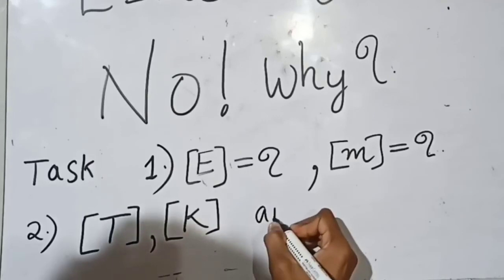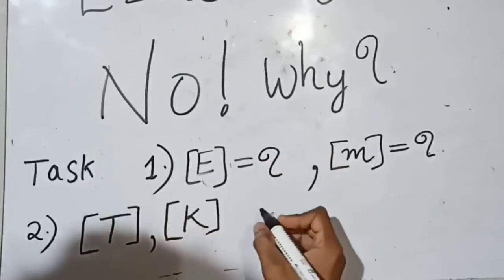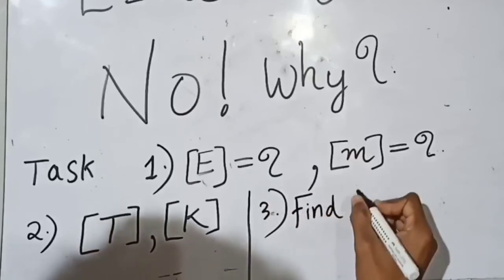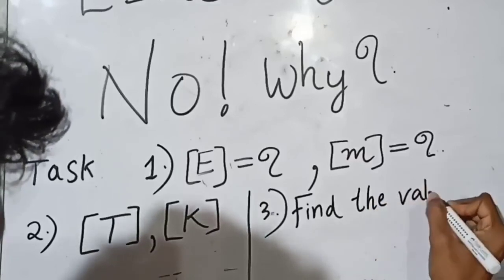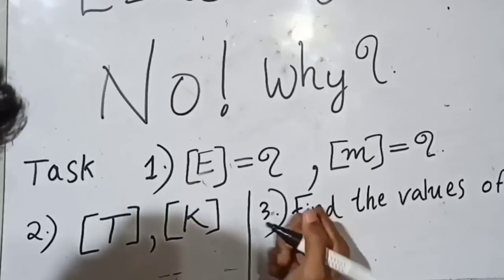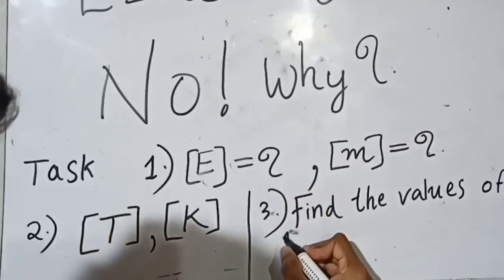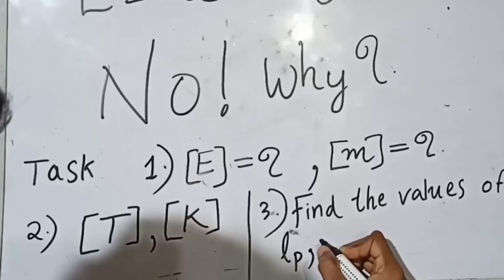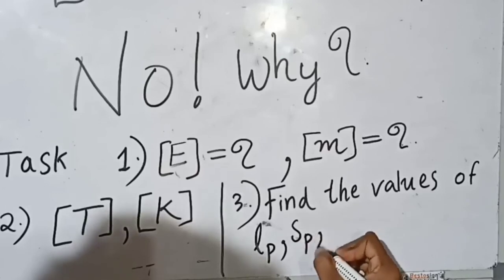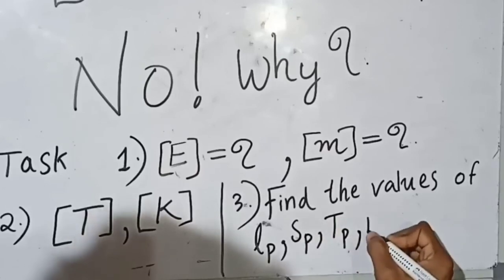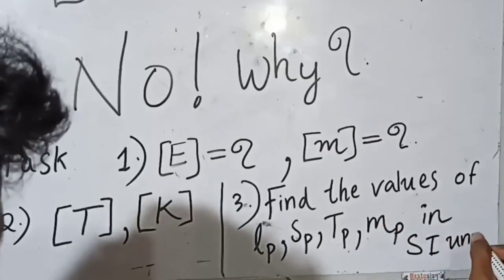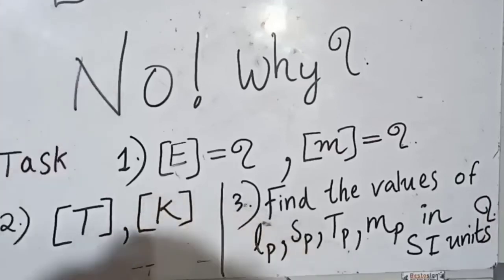And the third part of the task is to find the values of Planck's length, Planck's second, Planck's temperature, and also Planck's mass in SI units. We know that in Planck's units these all values are 1.